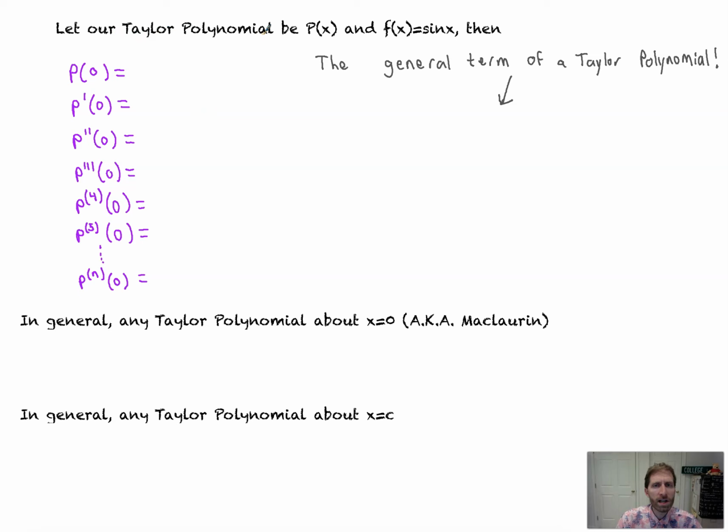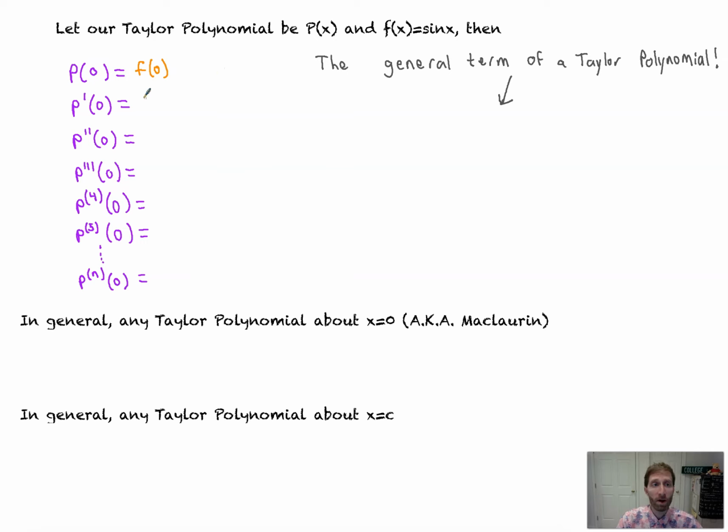So we're going to let our Taylor polynomial be p of x. I've seen some books, as well as the BC exam, write it as t of x. Doesn't matter. P of x, t of x, either way, completely up to you. And f of x, the true function that we're approximating, is going to be sine of x. Then, here's what we need to know based on that last statement: the polynomial evaluated at 0, where we're centering our approximation, has to equal sine of 0, or f of 0.